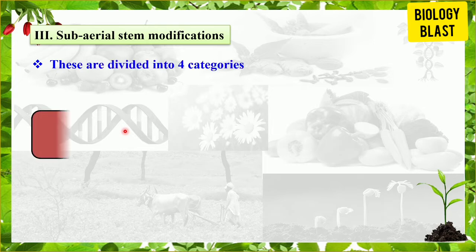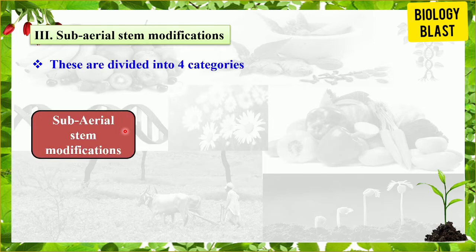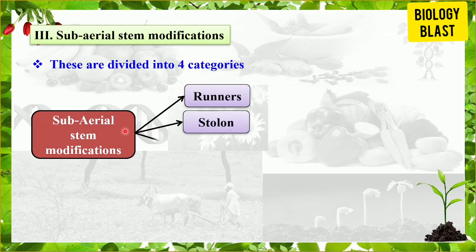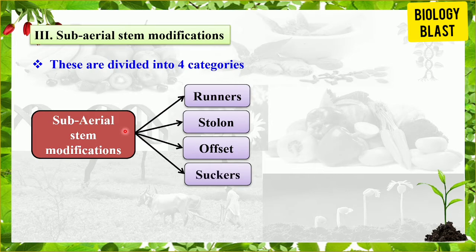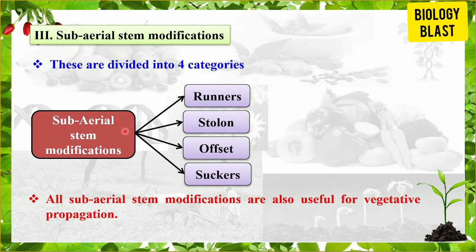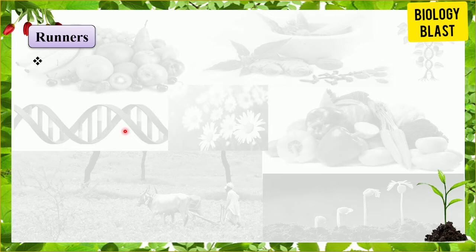Next one, subaerial stem modification, divided into four categories. First one, runner. Second, stolon. Third, offset. And last, suckers. All subaerial stem modifications are useful for vegetative propagation, meaning asexual reproduction.